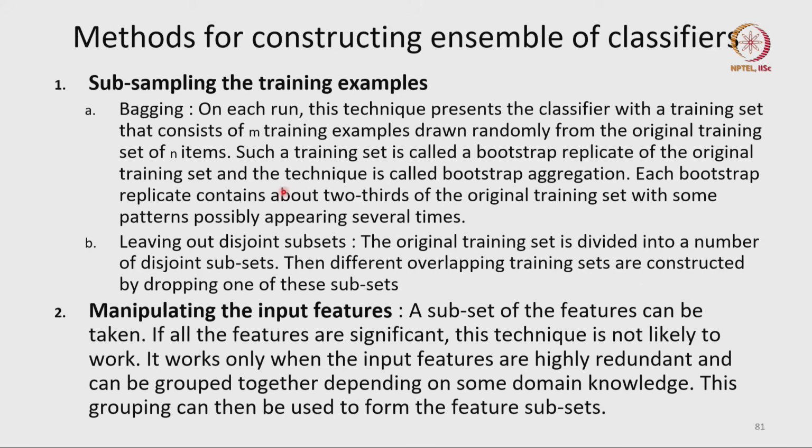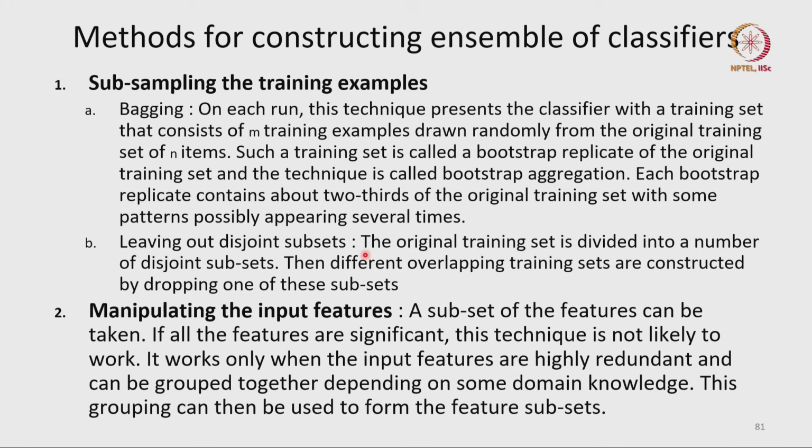So, you take about 2/3 of the original training data, and when you take a pattern, you are not removing it from your data set. So, it is possible it may come again. Okay. So, you can also have some patterns appearing several times. Another bagging approach is to leave out disjoint subsets.